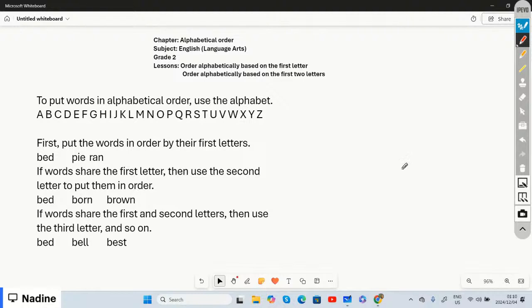And the alphabet, remember we said, starts with A, which is A, B, C, D, E, F, G, H, I, J, K, L, M, N, O, P, Q, R, S, T, U, V, W, X, Y, and Z.